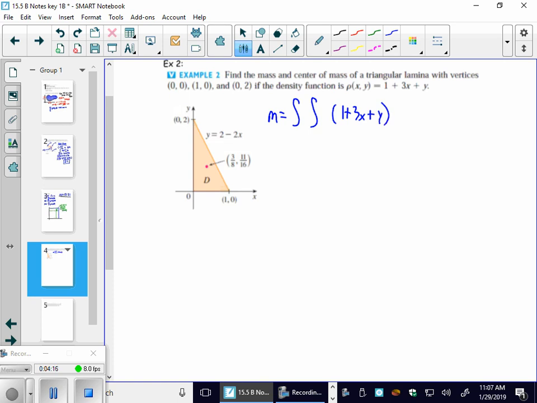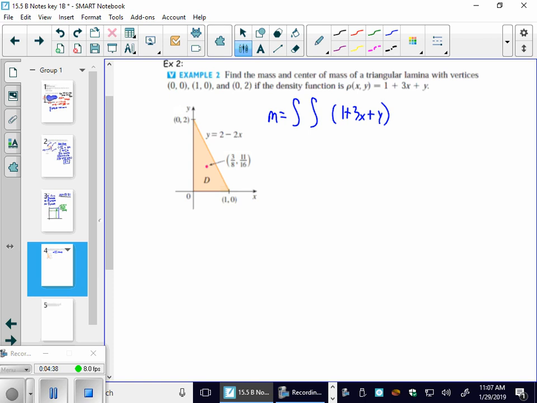Well, fortunately, they've given us just about everything we need. They gave us the line y equals 2 minus 2x. They gave us the coordinates of everything. They actually gave us the center of mass, so we know what the answers are supposed to be. If you look right there at your drawing, 3/8, 11/16. So you can match those answers if we don't finish the problem.